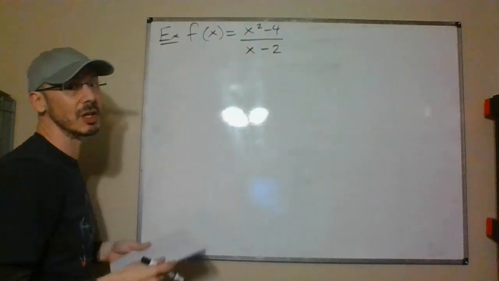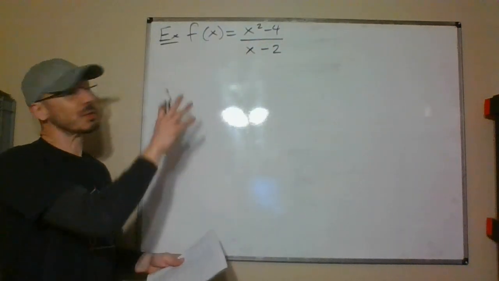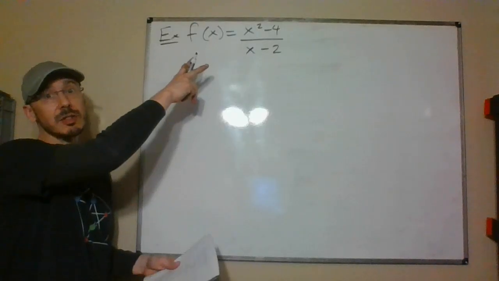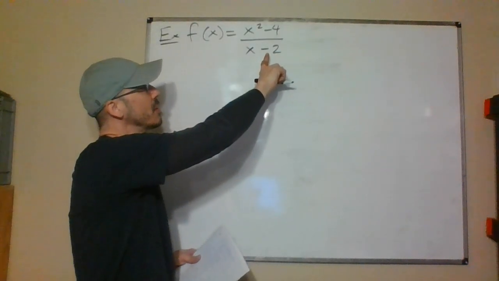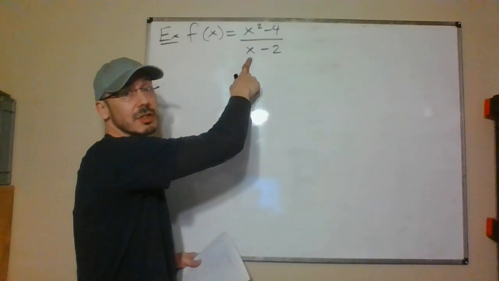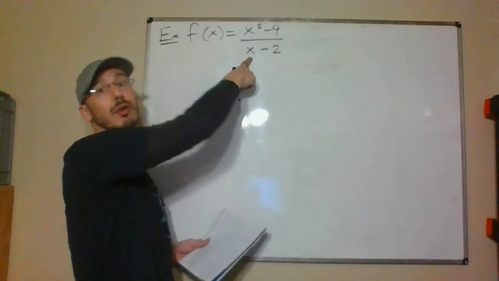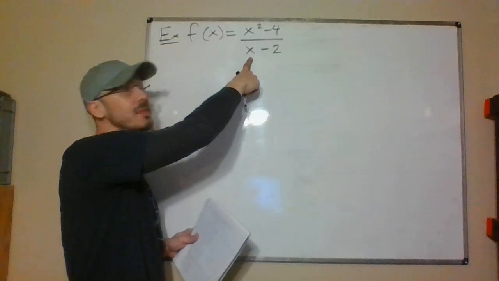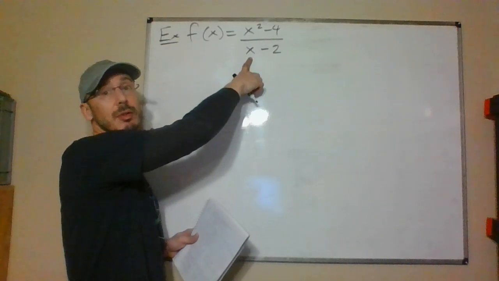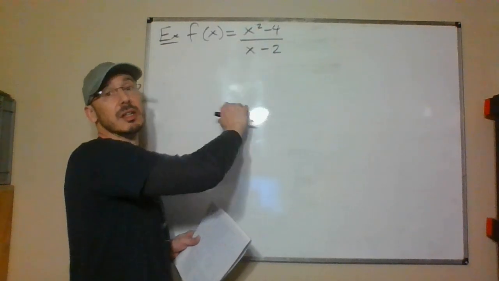So for this one, we've worked with a function like this, if not this exact function before. If x is equal to 2, we have trouble. So that's the a that we're talking about. If it's not equal to 2, this isn't a very exciting function at all.